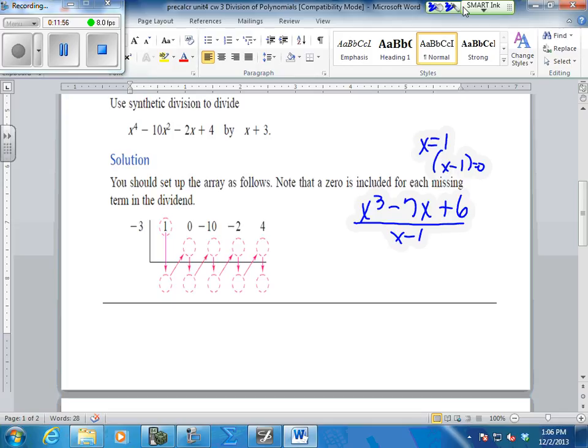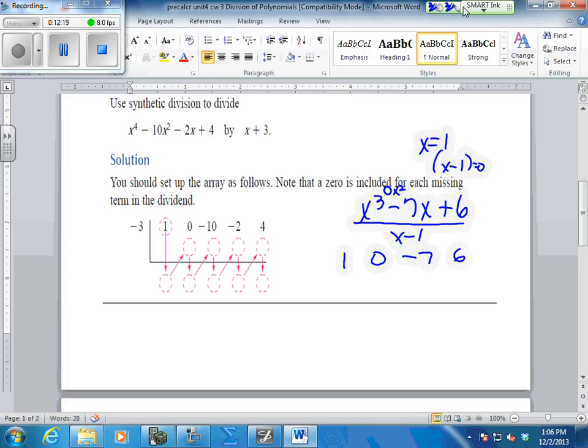Now, I wanted it here so you could see what this is doing. This said pull out the coefficients. So I see an x cubed. Do I see an x squared? No. So what do I have to put in front of the x squared? 0. Good. I need a place holder. So now give me the coefficients you see. 1, 0.